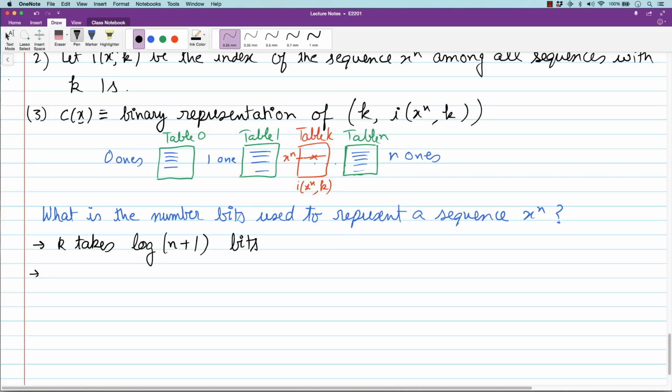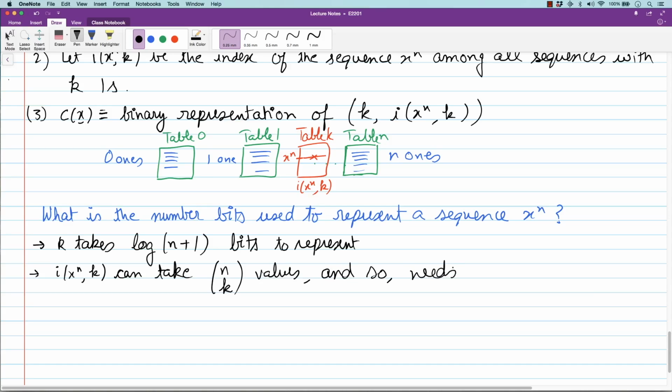How about the second part, I(x^n, k)? Now I(x^n, k) can take as many values as the number of sequences of length n with k ones. So I(x^n, k) can take (n choose k) values, and so needs log of (n choose k) bits.